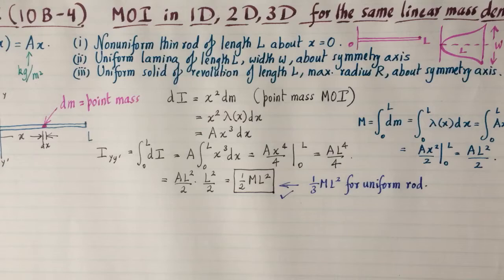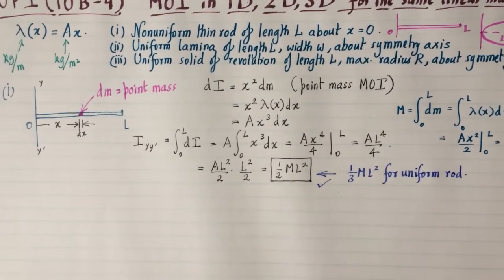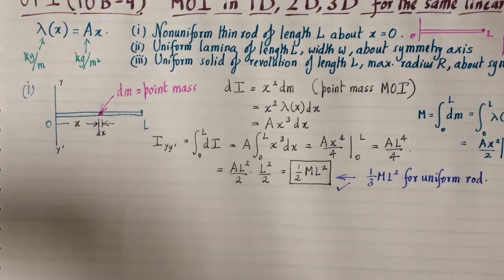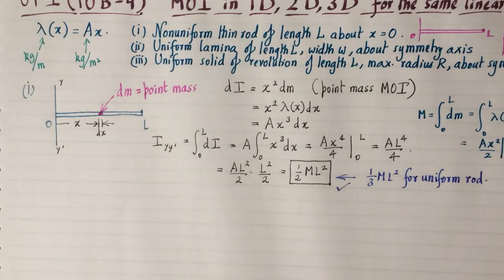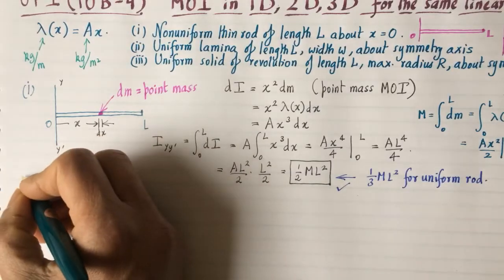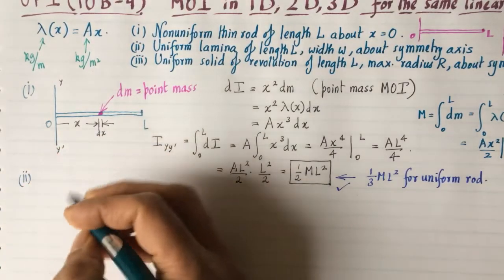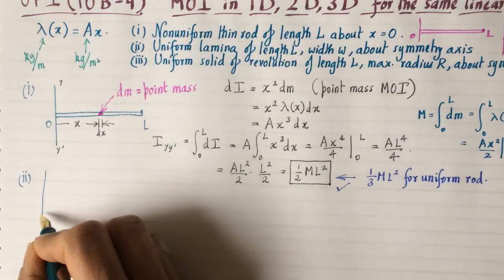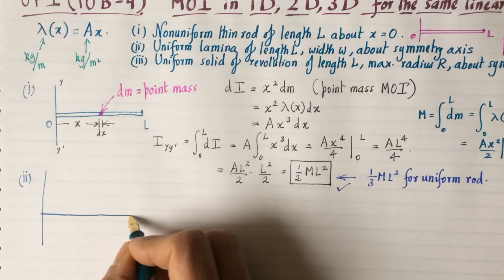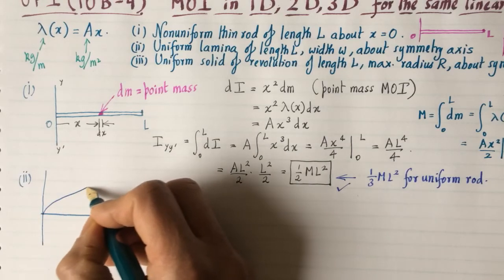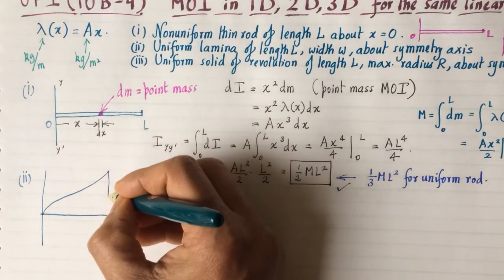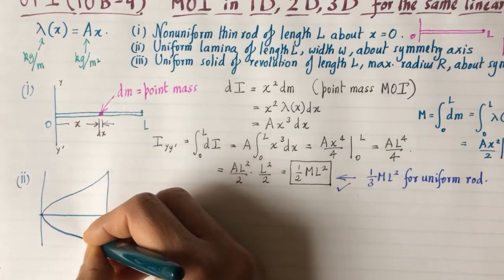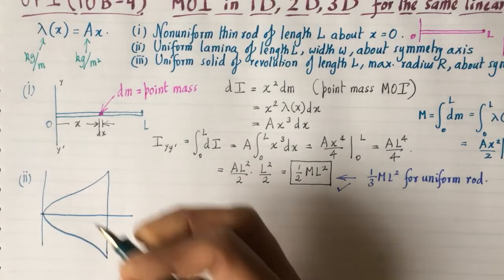Now for the more interesting problems. That was the easiest of the lot. What if we interpret the object as a two-dimensional object of a laminar shape, which means flat? So let's draw the figure. I don't yet know what kind of object this is, so I'll draw it as a symmetric but curvy shape.